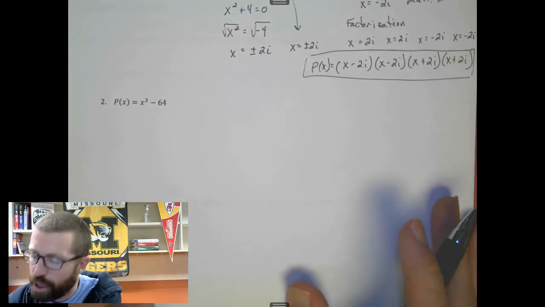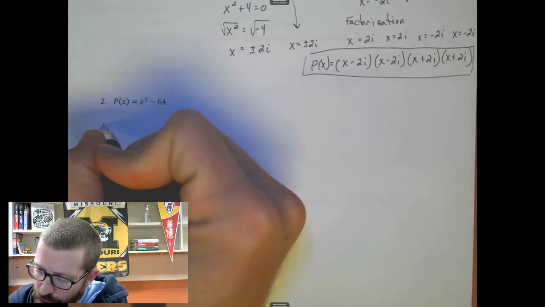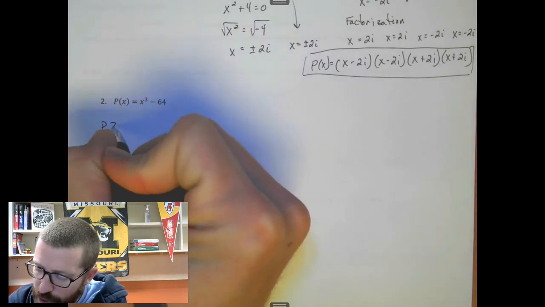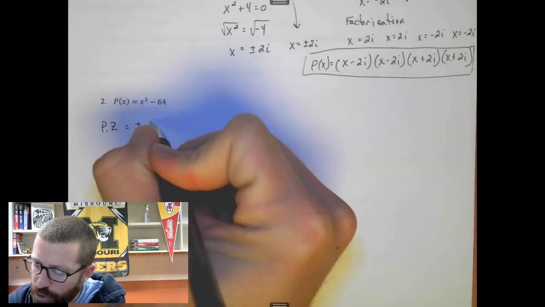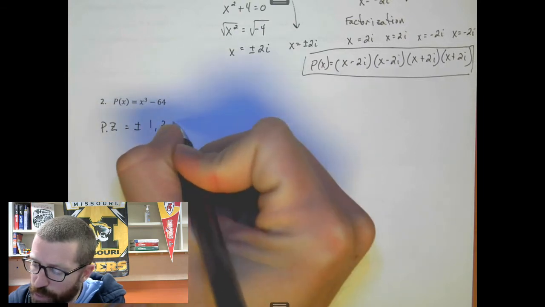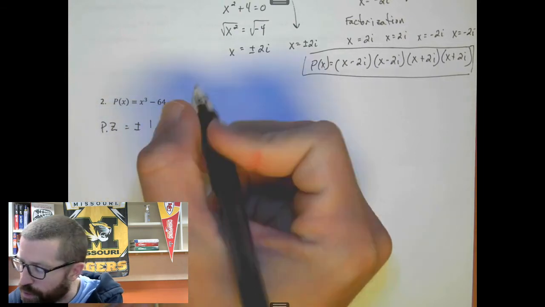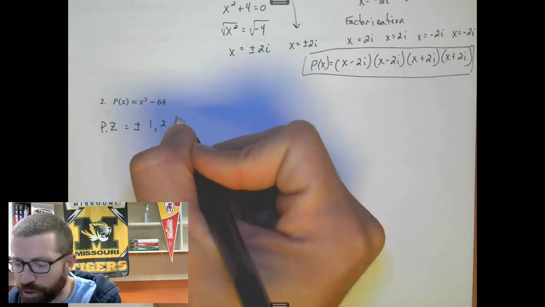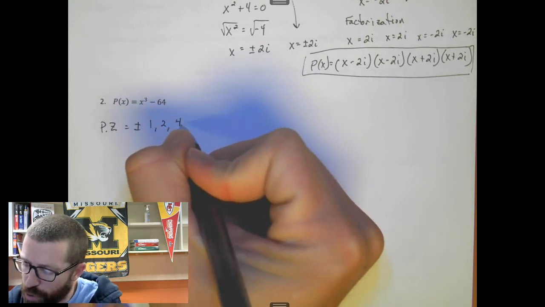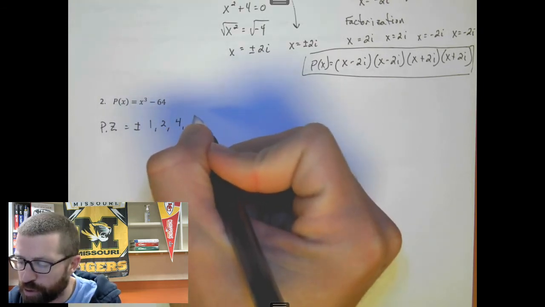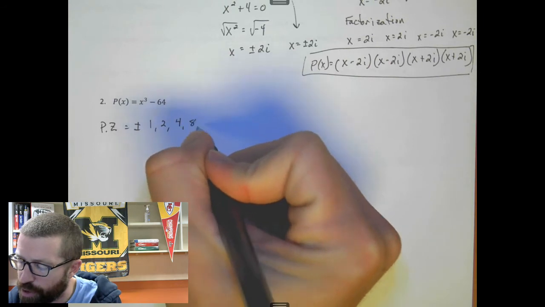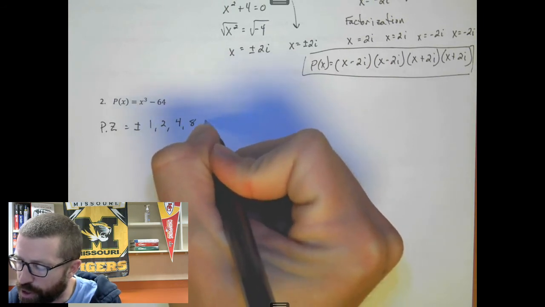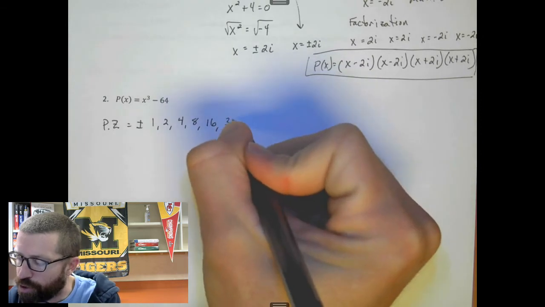Okay, here's one. The possible zeros, we use the rational zeros theorem for that, would be plus or minus 1, 2, 4, 8, 16, 32 and 64.